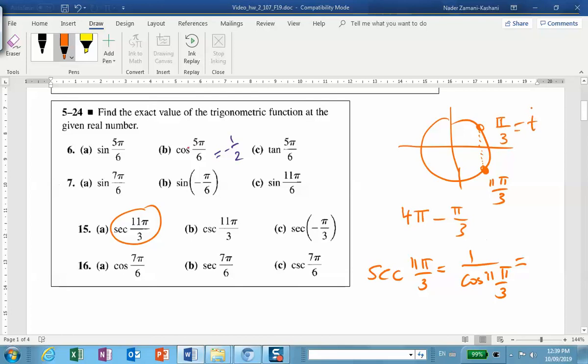We haven't talked about angles at all. Reference number, okay? If you look at them, they have the same cosine, and we know everything about cosine of pi over 3. So it is going to be 1 over cosine of pi over 3, which is 1 over 1/2, and the answer is 2.